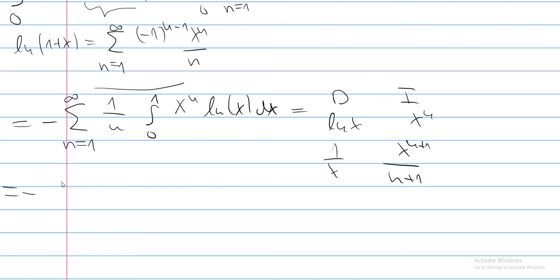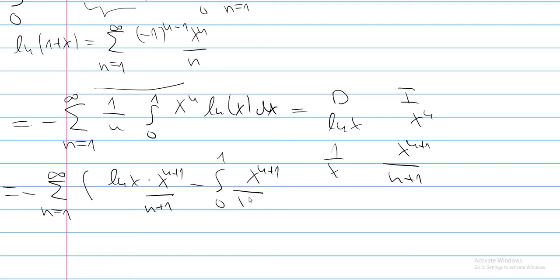This will equal minus a sum going from n equals 1 to infinity of ln of x times x to the n plus 1 over n plus 1 minus an integral from 0 to 1 of x to the n plus 1 over x times 1 over n plus 1 dx. And this one is evaluated from 0 to 1.